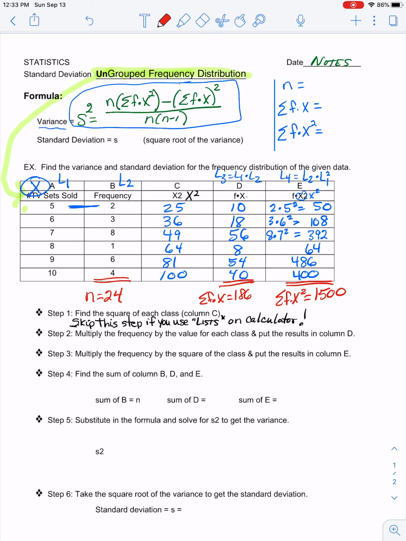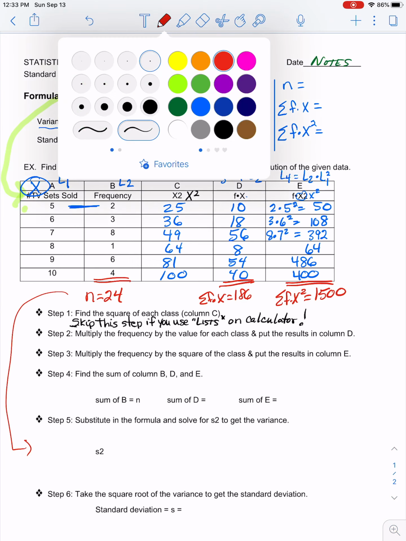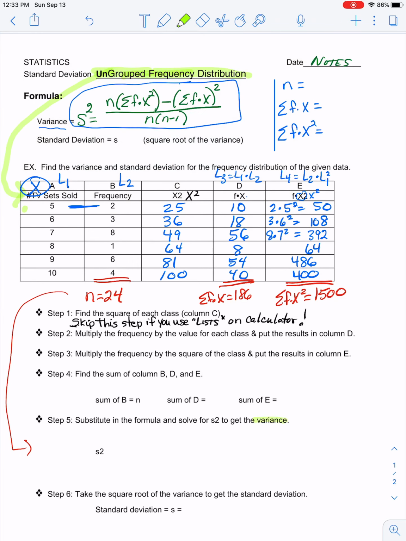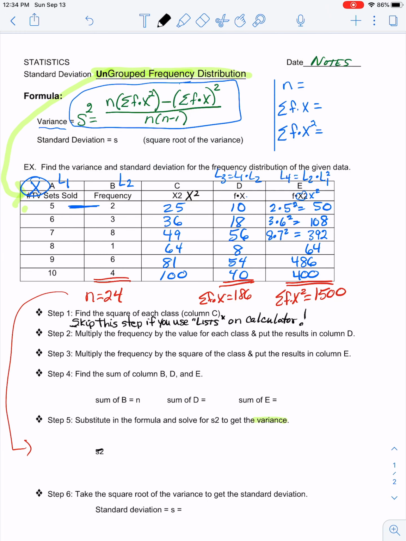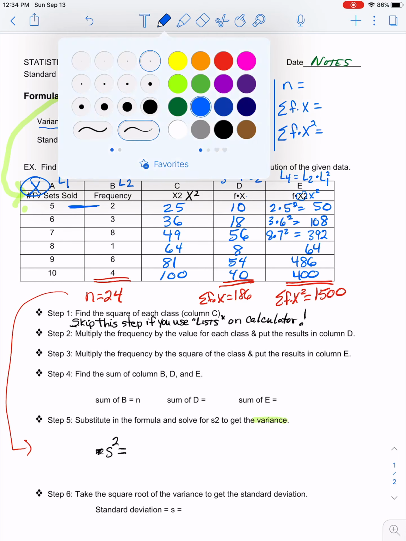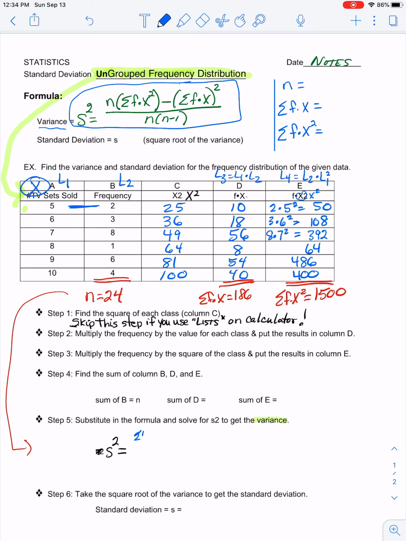Then I'm going to take this information and substitute it down here where it's asking me to find the variance. S squared is going to equal n, which is 24, times the sum of f times x squared, 1500, minus 186 squared, all over n times n minus 1.